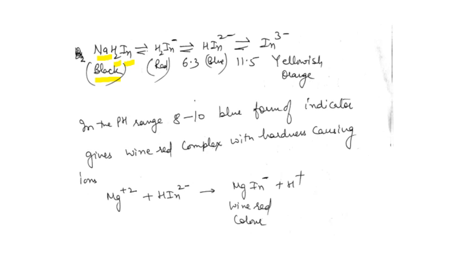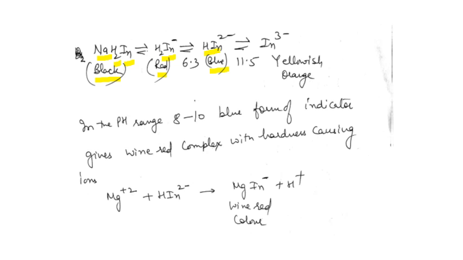When it dissolves in the water, the sodium is released and we have the ionic species H2In negative, which is red in color. Then one proton is removed, the charge becomes 2 negative, and it is blue in color.